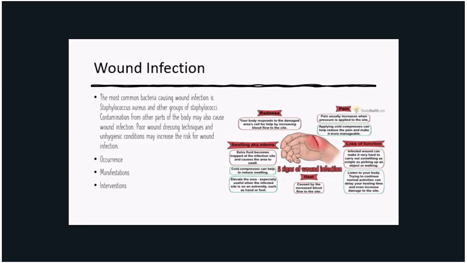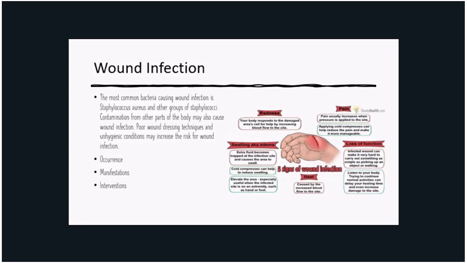The manifestations of a wound infection are signs of delayed healing with purulent, discolored drainage and pain in the incisional area. Purulent drainage is malodorous, and you will definitely remember that smell. Your nursing interventions consist of promoting a healthy diet, adequate fluid intake, adequate rest, and exercise.